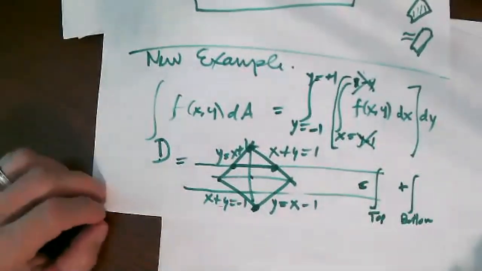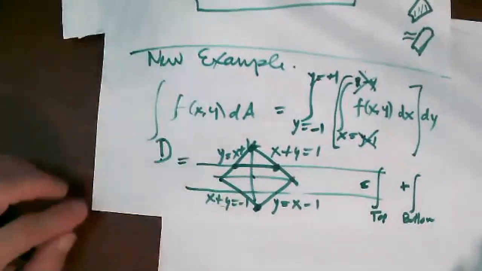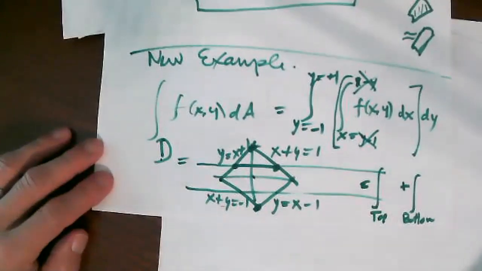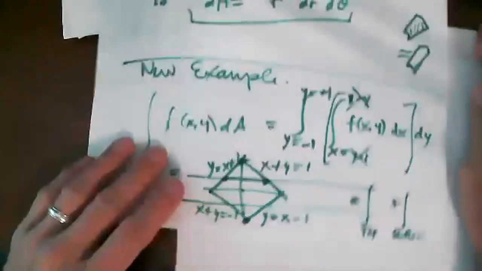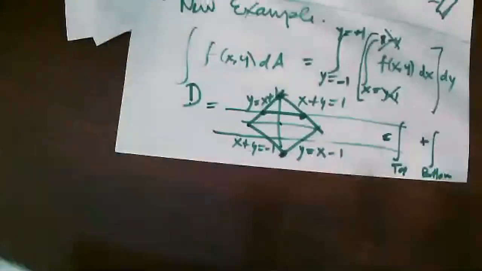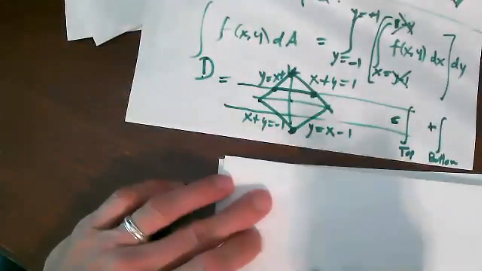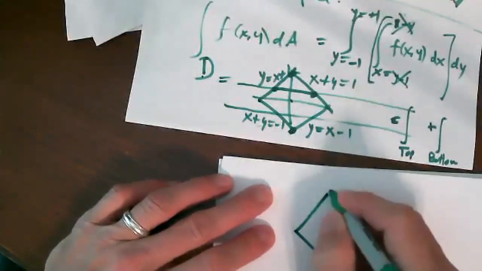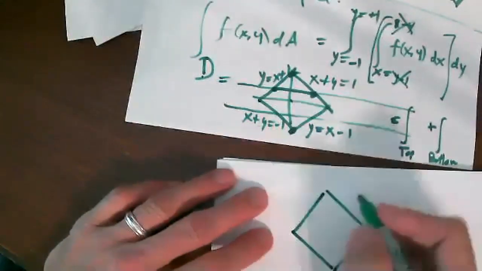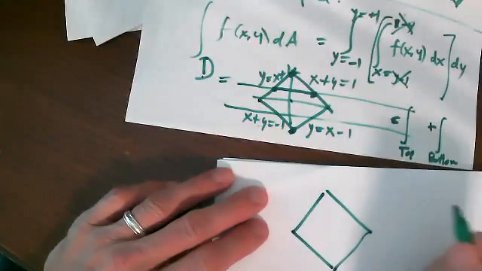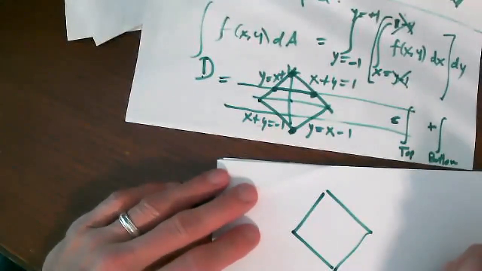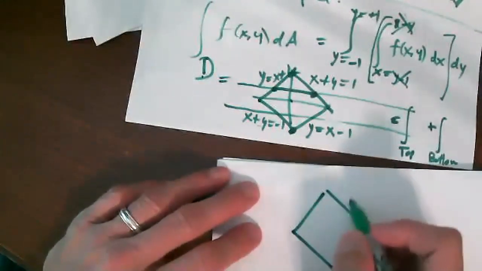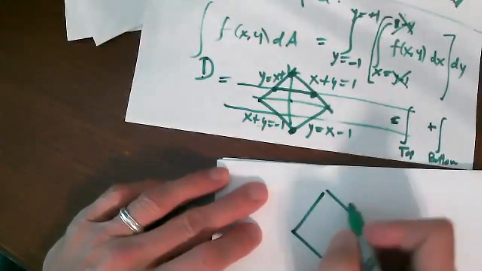But the point that I'm trying to get at today is that maybe that's not the best way to do this. Maybe this particular problem could be better done with a change of coordinates. And here's how I want to do that. I noticed that in my diamond, there are two different quantities that are staying constant on the two pairs of edges.